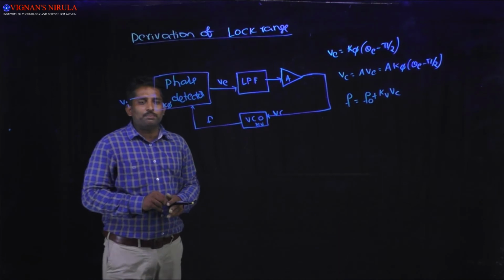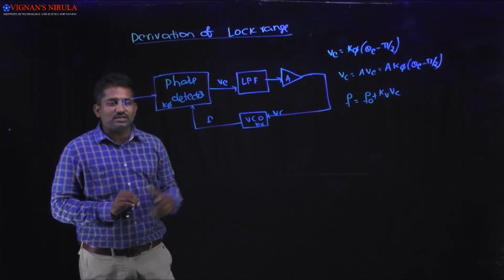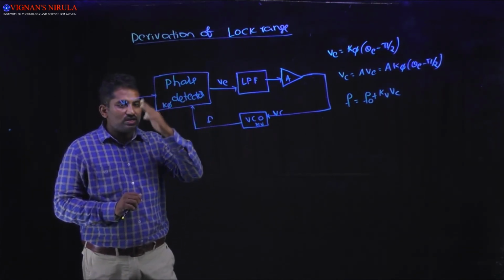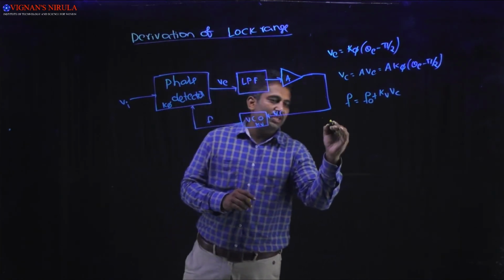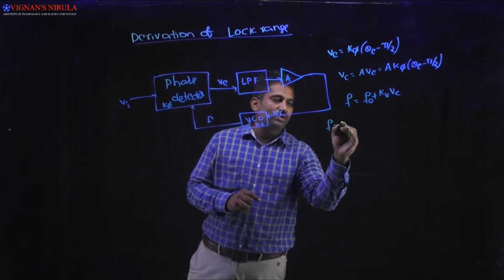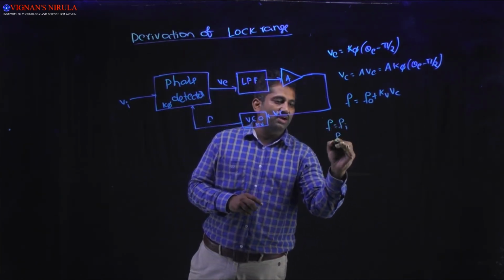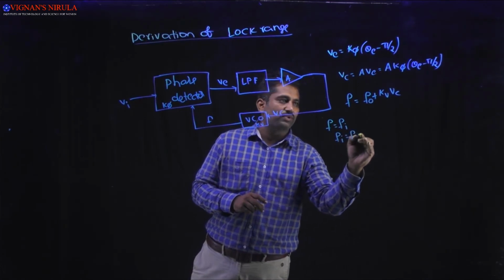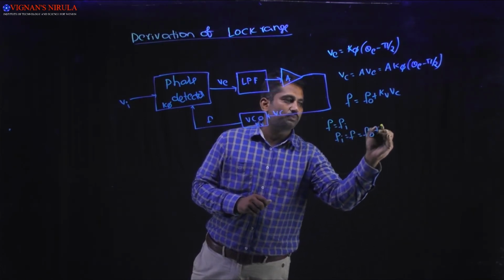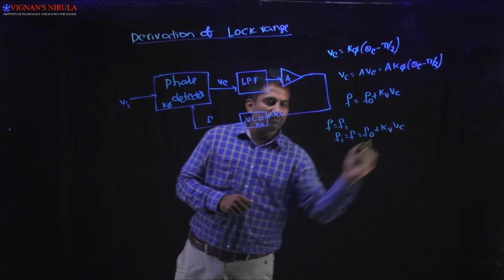And whenever the PLL is locked, what happens? f is equal to fi. So when the PLL is locked, f will be equal to fi, and fi will be equal to f0 plus kV into Vc.